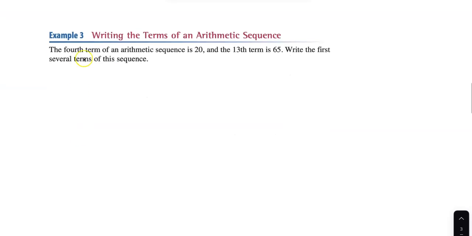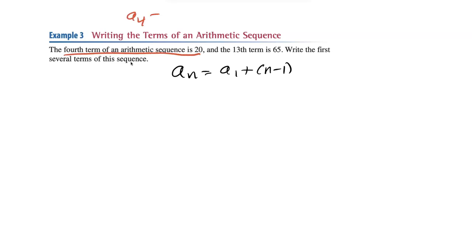Now how about this one? The fourth term of an arithmetic sequence is 20, and the 13th term is 65. Write the first several terms of the sequence. So big jump. Here's our arithmetic sequence formula. They're telling us that the fourth term is 20, so A4 equals 20. When I plug in 4 for N, it equals 20.